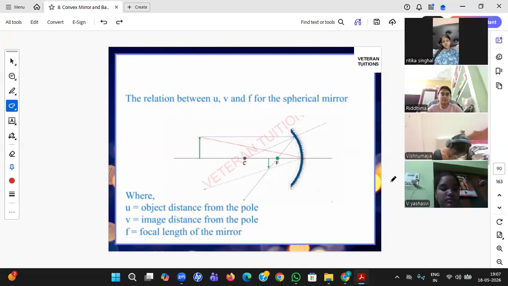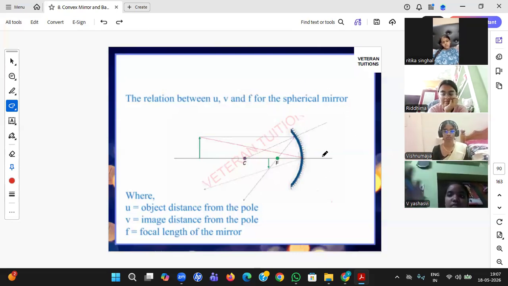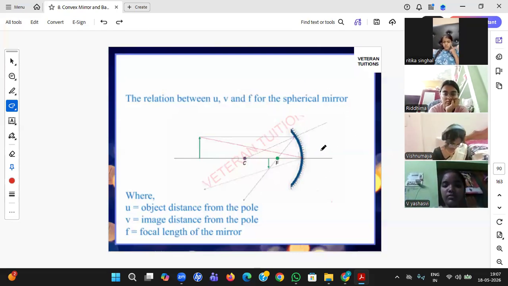Others, give the answer in the chat box. As this is a concave mirror, in the numericals we need to write the focus as plus 10 or minus 10, with polarity. According to your sign convention knowledge, will you give the focal length of a concave mirror as negative or positive? Ritika, right answer. Vishnumaya, right answer.